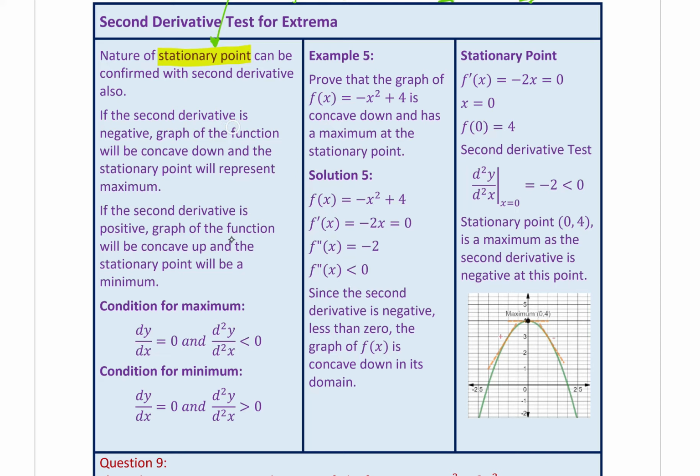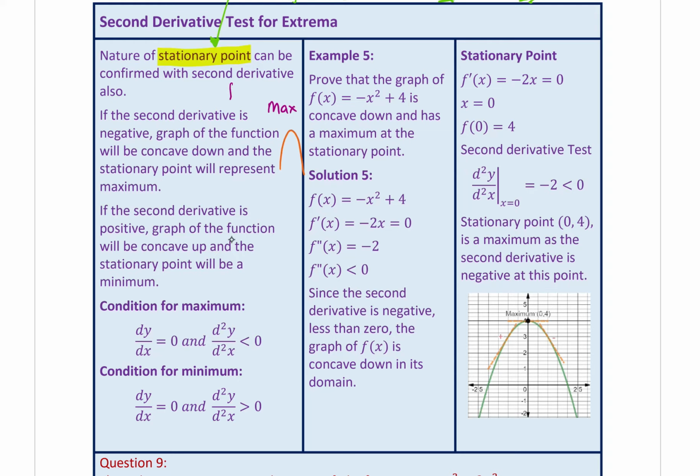If the second derivative is negative, the graph of the function will be concave down and the stationary point will be a maximum. Correct? So we're saying if the second derivative is negative, then we have a graph which is kind of like this, correct? Concave down, and what we have in this case is a maximum, correct?